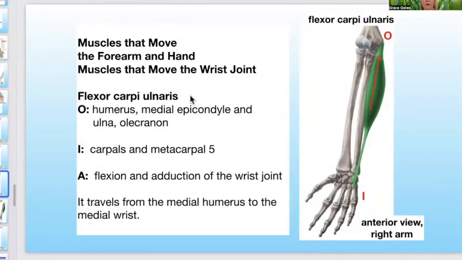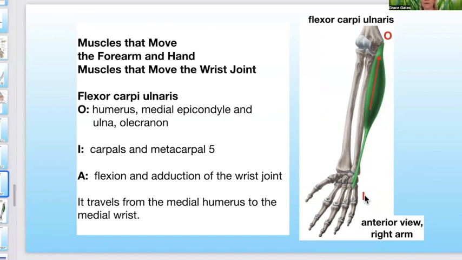Now the flexor carpi ulnaris, the origin is the humerus, the medial epicondyle, and the ulna, the olecranon. The insertion is the carpal bones and metacarpal 5. The action is flexion and adduction of the wrist joint. This muscle travels from the medial humerus to the medial wrist.